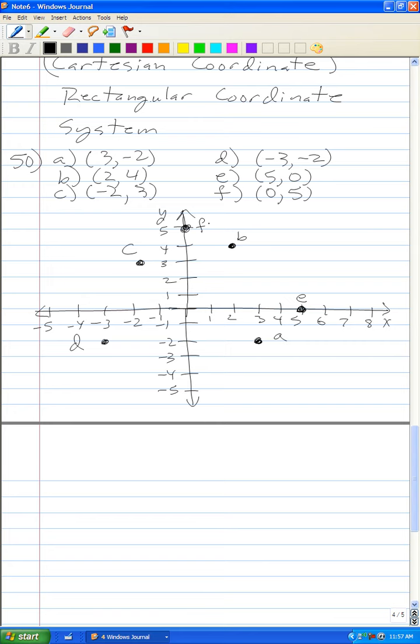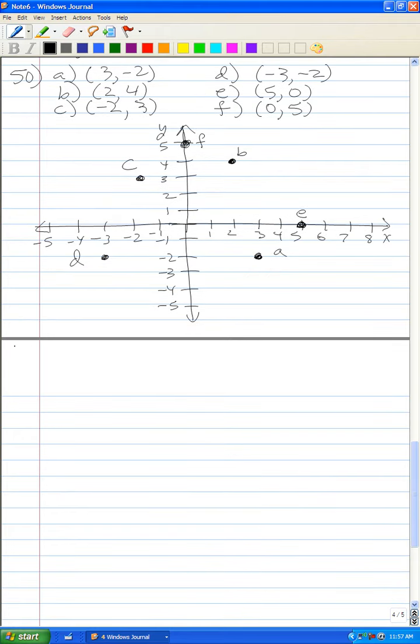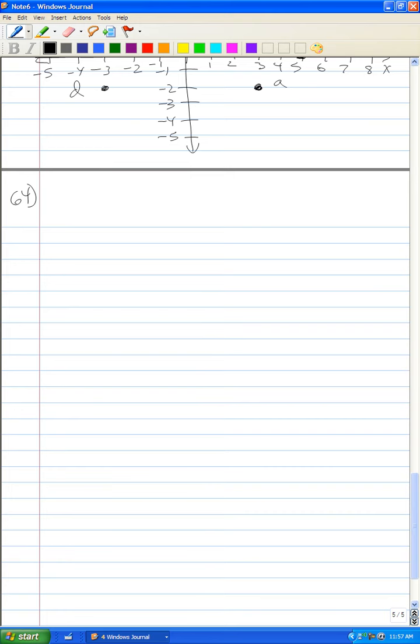Okay. Let me do problem number 64. In exercises 64 through 88, find a relationship between the coordinates of the collection of ordered pairs.